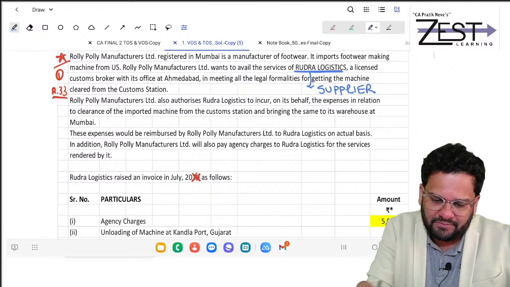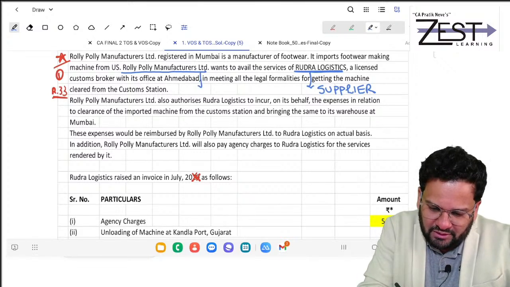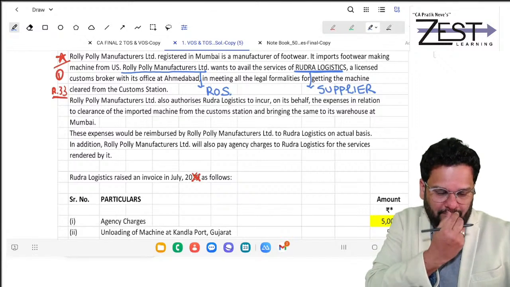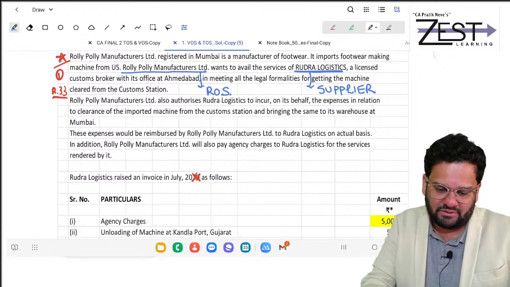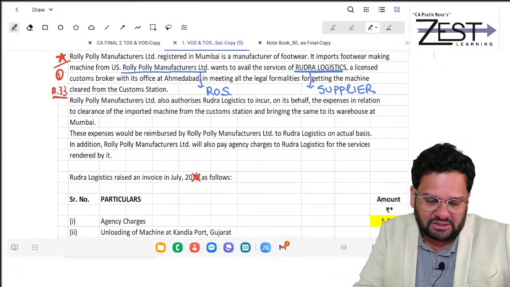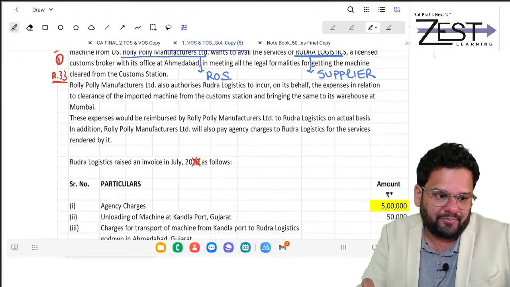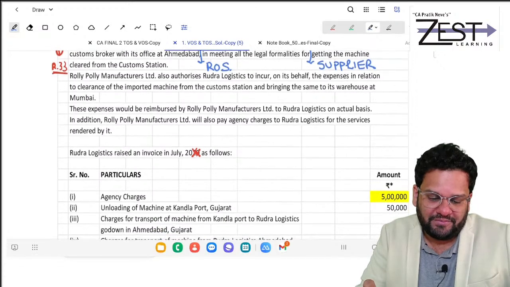Do you agree? And Rolly Poly Manufacturers Limited becomes recipient of supply. Do you all agree with me on this? Rudra Logistics, a licensed custom broker with its office at Ahmedabad, assists in meeting all legal formalities and getting the machine cleared from the custom station. Clear? So far so good.